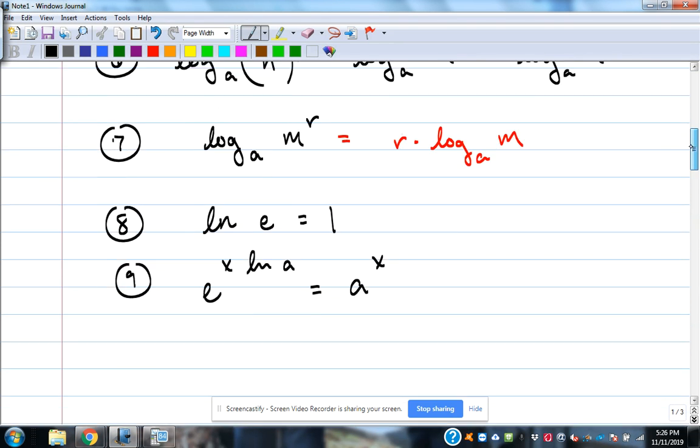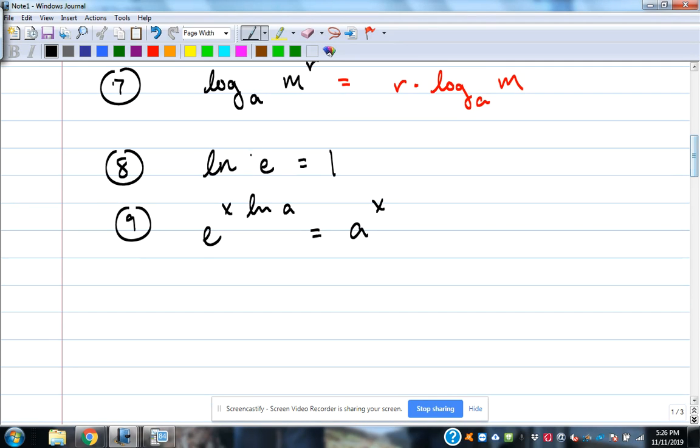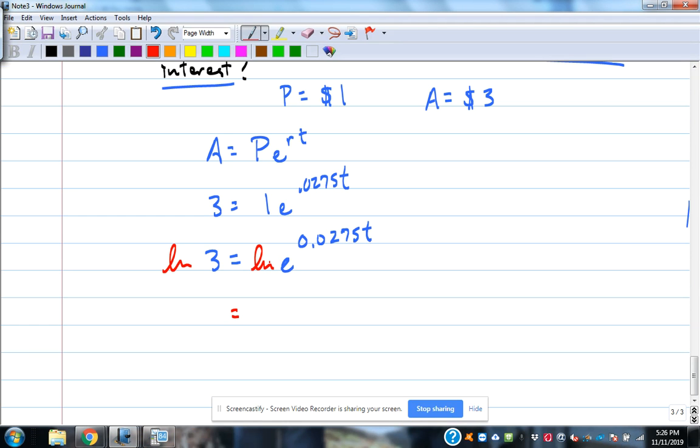One of the rarely used. The natural log of e becomes 1. So in our problem, this really just cancels itself out. You get 0.0275 t is equal to the natural log of 3.